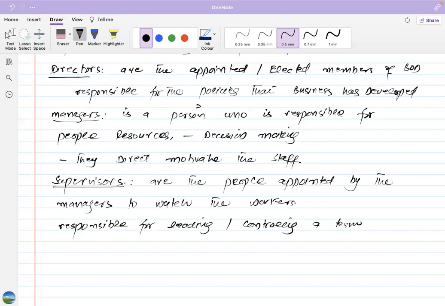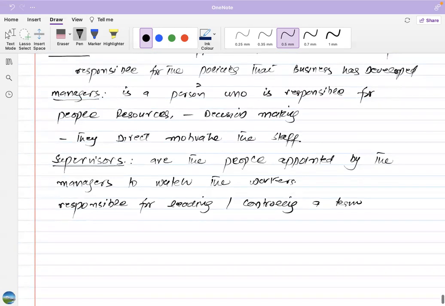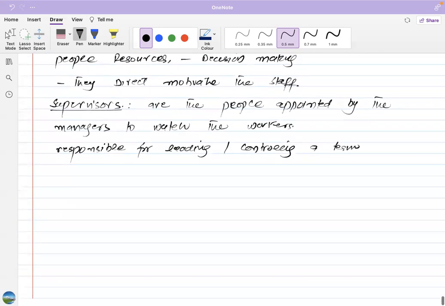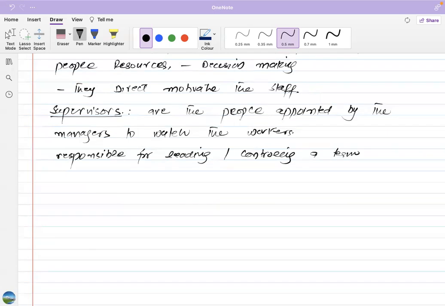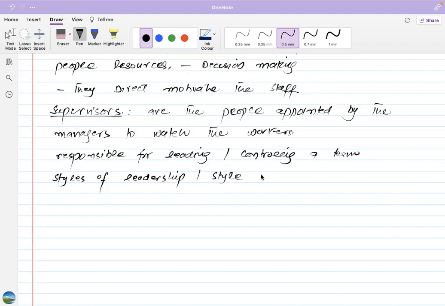Now the next thing that we are going to talk about is the styles of management or the styles of leadership.